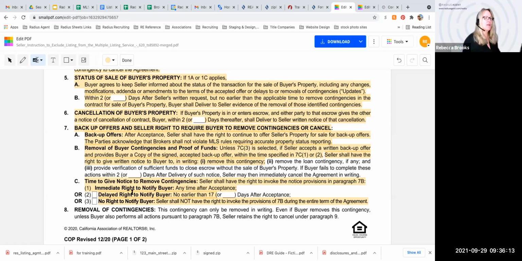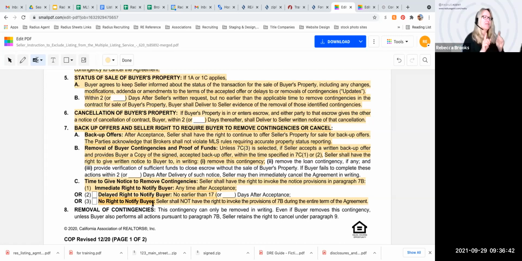Okay, and so if I'm representing a buyer and I'm using this form, I'm going to check this box right here, no right to notify the buyer, because I don't want that seller to ever come to me and say, oh, I have a backup offer, which I'm really interested in taking, so I'm going to give you a notice to perform to remove your sale contingency. Okay, I don't want that to happen, right?